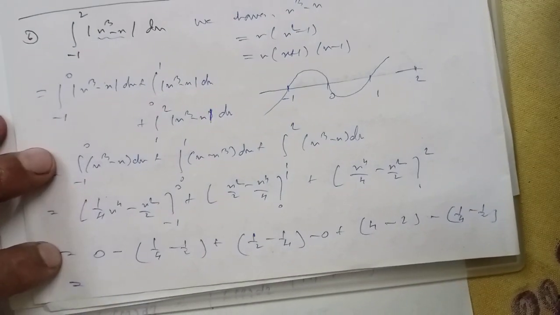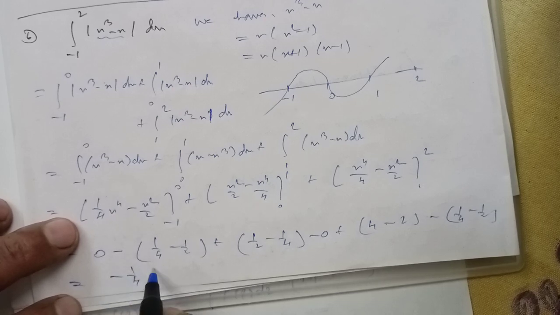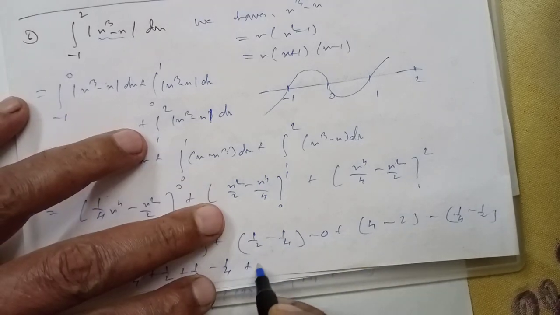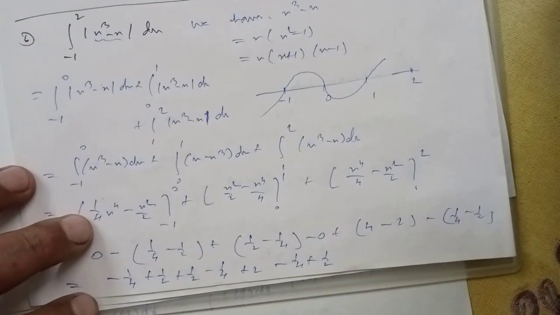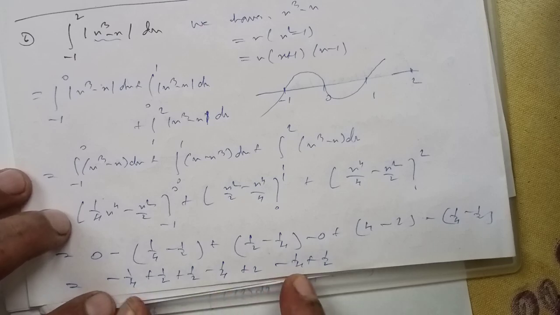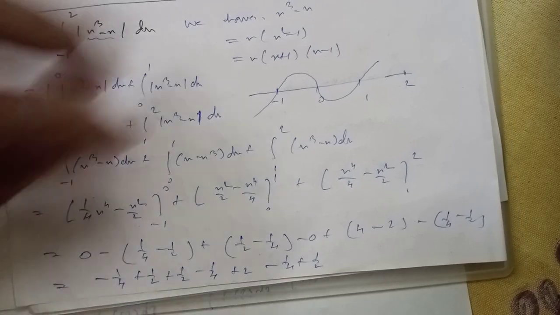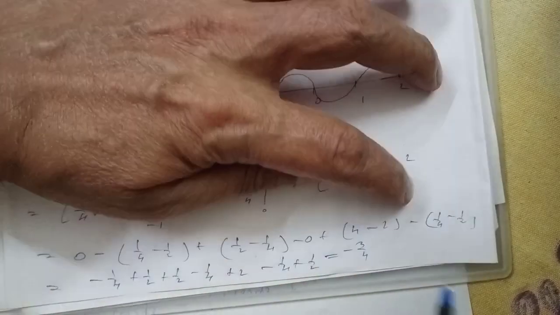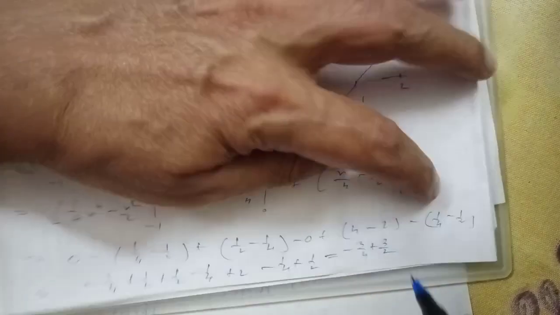So now you have minus 1 by 4 plus half minus 1 by 4, plus 4 minus 2 is 2, and minus 1 by 4 plus half. Look, there are 3 minus 1 by 4, that is minus 3 by 4, then half, so plus 3 by 2, and then plus 2.